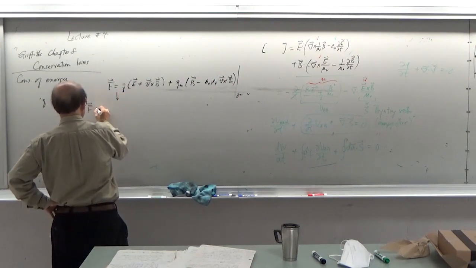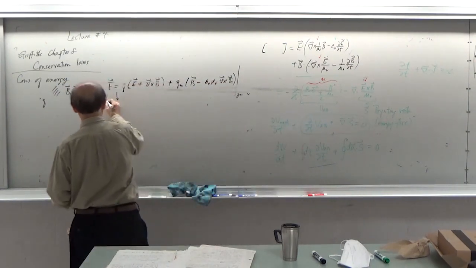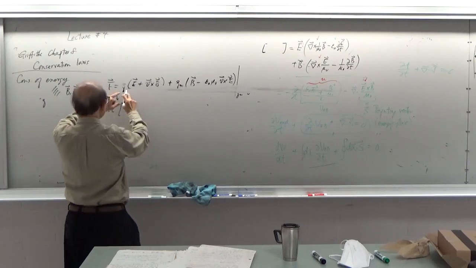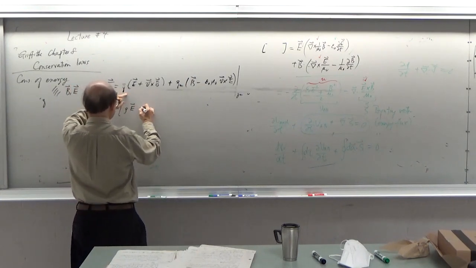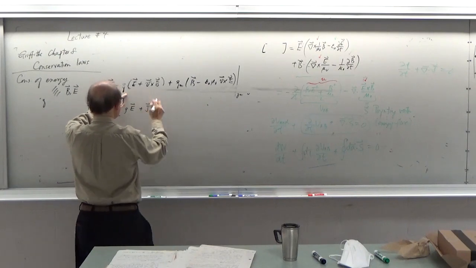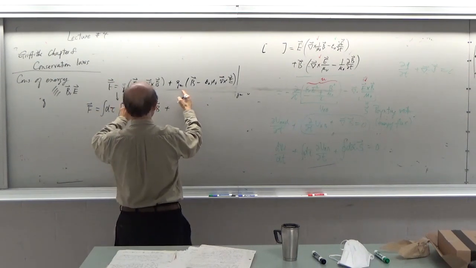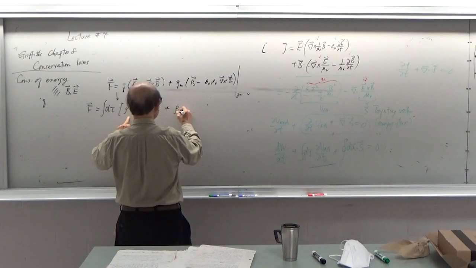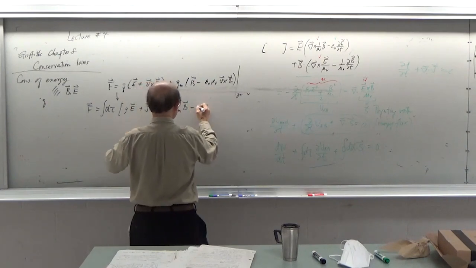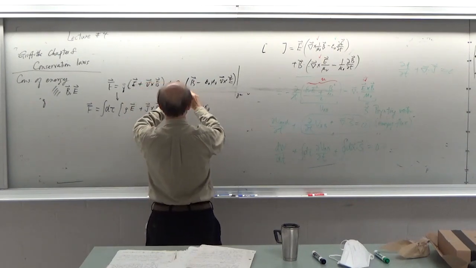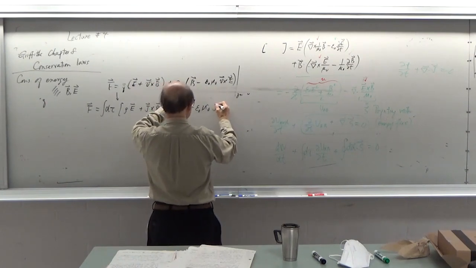The force acting on the charged particles inside a certain volume is given by rho E, which is the charge density times E, plus the current times B, plus rho_M times B, minus the magnetic current term with mu naught.